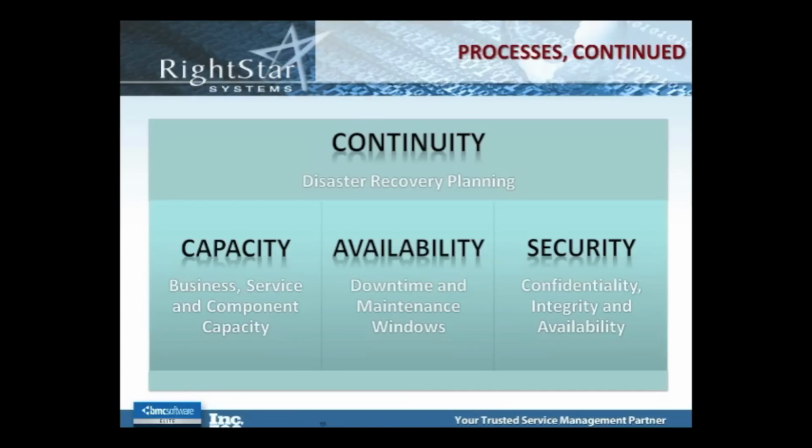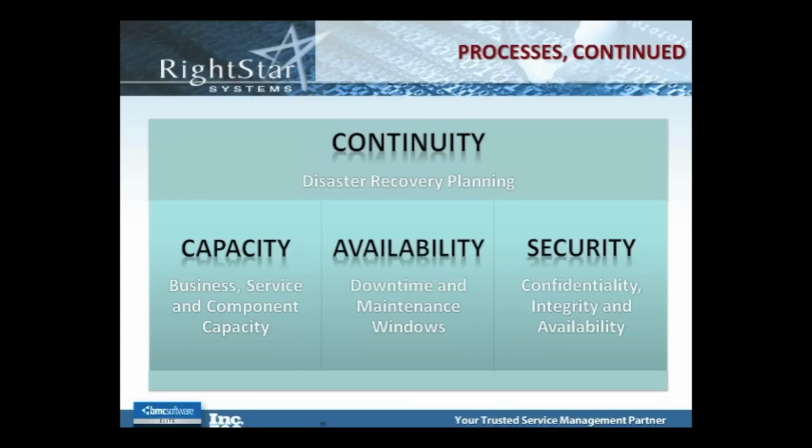The final component or process here is security management. We work with a lot of customers in the Washington, D.C. area, and security is important to most organizations, but especially important to a lot of government organizations. Security is made up of 3 components.